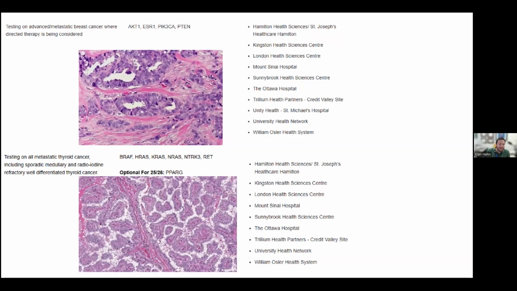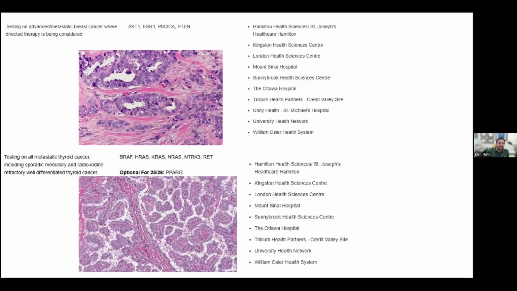And thyroid cancer, all metastatic thyroid carcinomas, including sporadic medullary and radioiodine refractory, well-differentiated thyroid cancer as well. And there we're looking for BRAF, HRAS, KRAS, NRAS mutations, and NTRK and RET fusions. And optional would be a PPARG fusion.